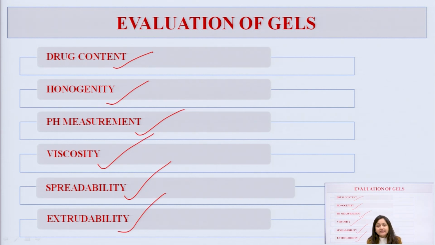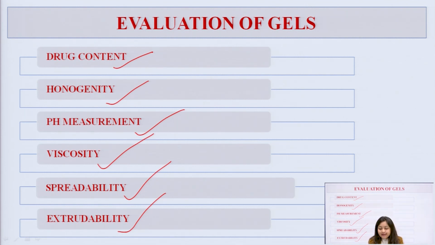Each and every test mentioned here plays a very important role that helps us to analyze the product, that is, gel evaluation, basically to understand the efficacy of our gel. The very first test is the drug content.